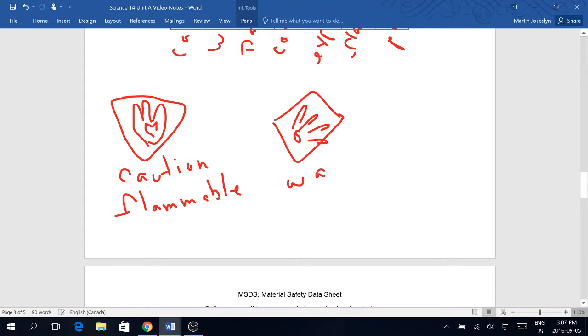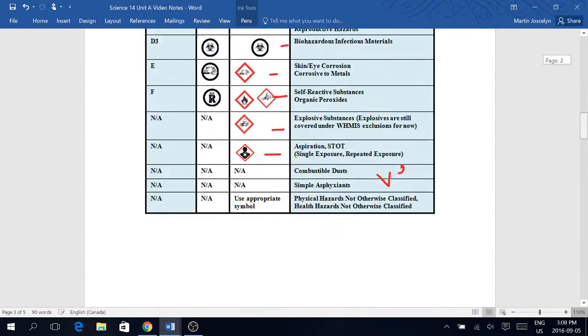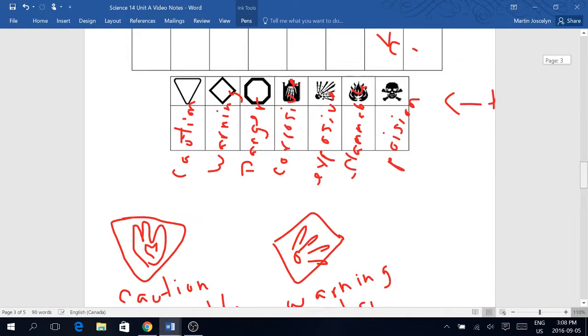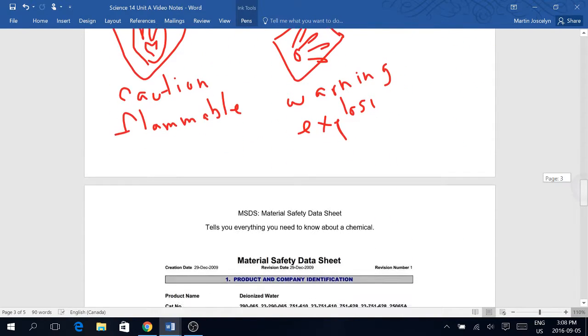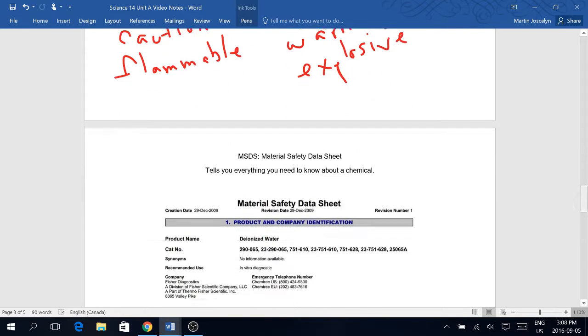So this means warning, explosive. Those you'll see on household chemicals like bleach or laundry detergent, any cleaning products, oven cleaner.